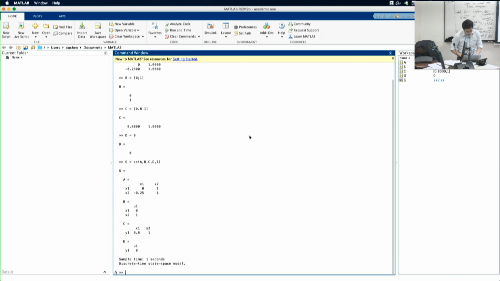And then let's check that this state space actually has the transfer function over there.